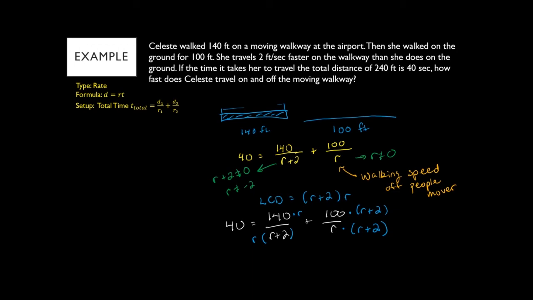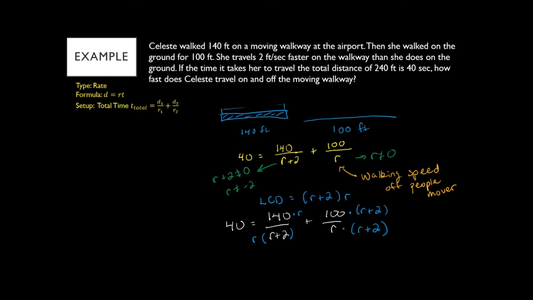So that means she walks 5 miles per hour when she's not on the people mover. The people mover was 2 more, so she walks 7, or I keep saying miles per hour, that's fast, feet per second. I've got to make sure I've got my units here. These are feet per second. So she walks 5 feet per second off the people mover and 7 feet per second on the people mover.